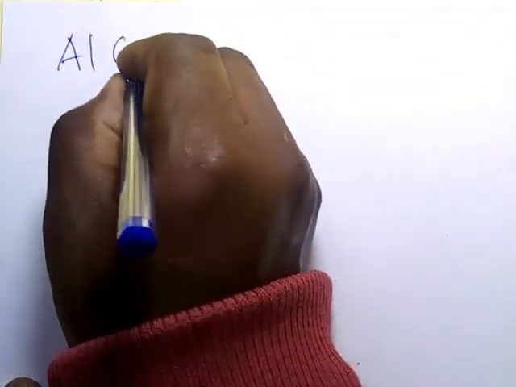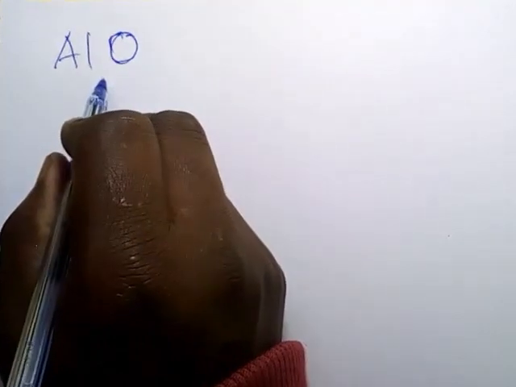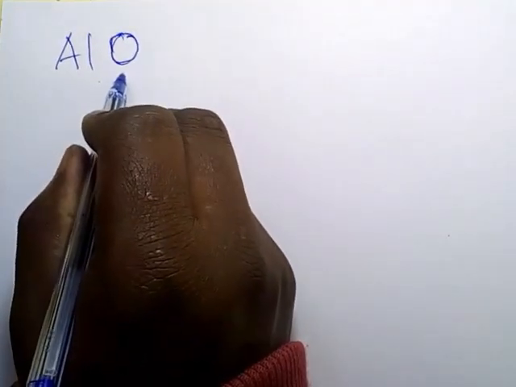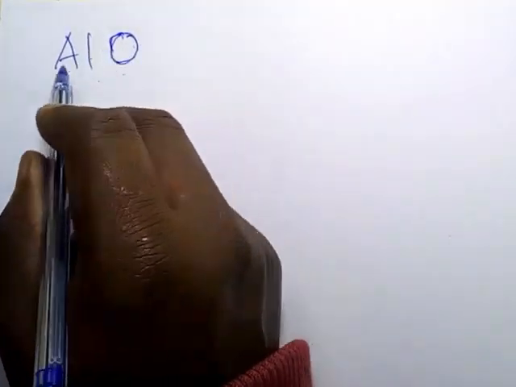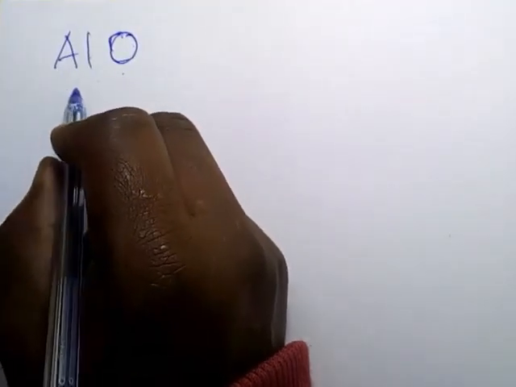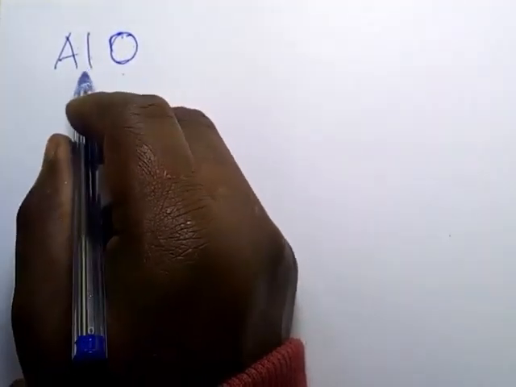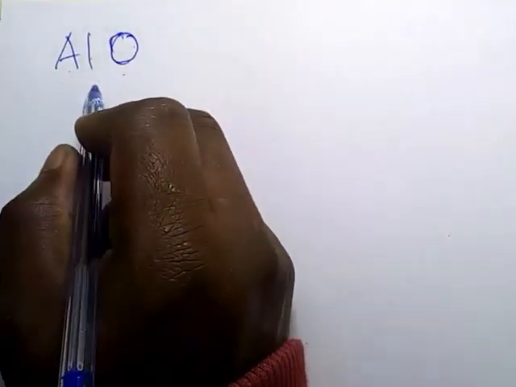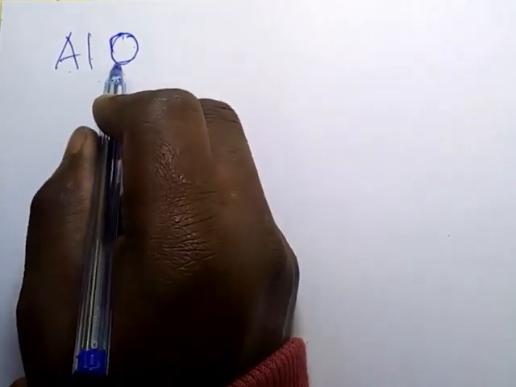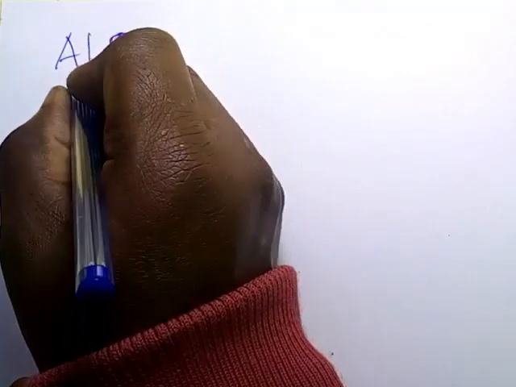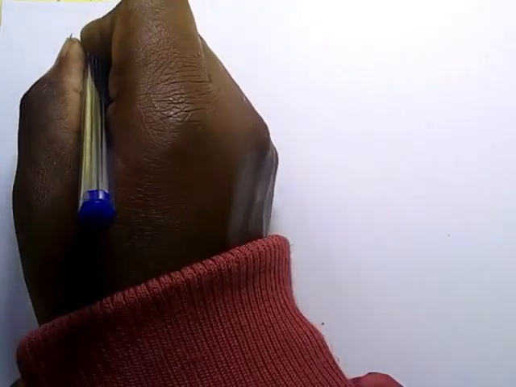Suppose I wanted to write aluminium oxide. Is this the correct chemical formula for aluminium oxide? You would be right. You have aluminium, you have oxygen, so that's an oxide of aluminium. But once you have written aluminium oxide like this, you ask yourself, what is the valence of aluminium? What is the valence of oxygen? You already know that aluminium is atomic number 13, 2, 8, 3, so the valence is 3.